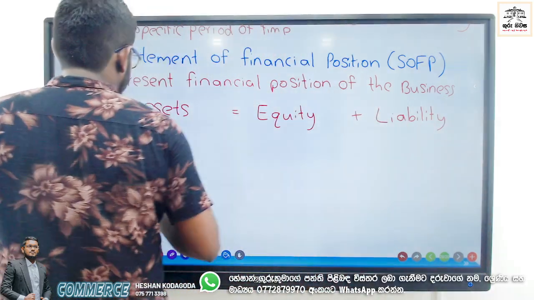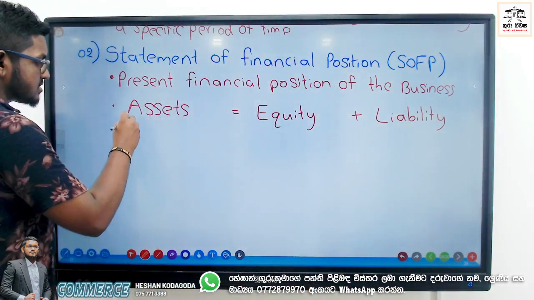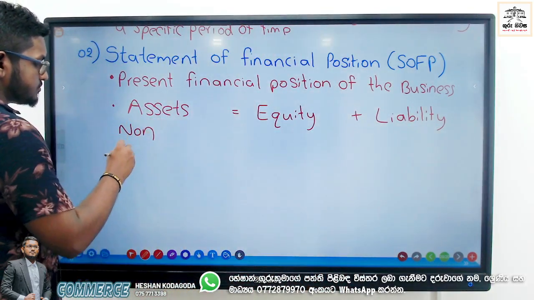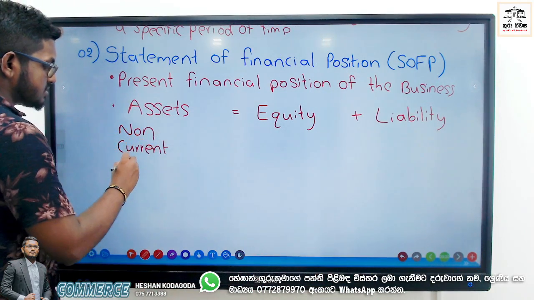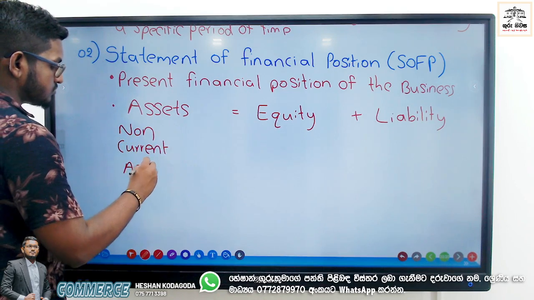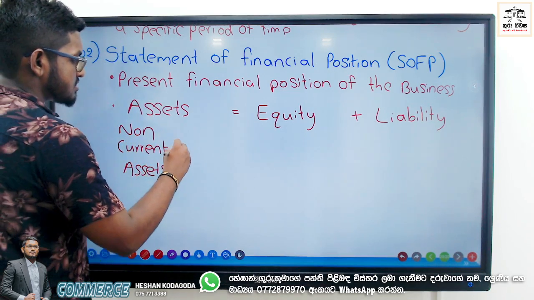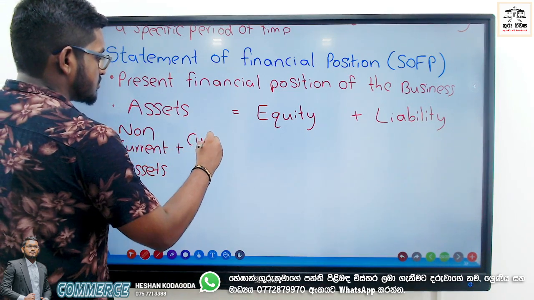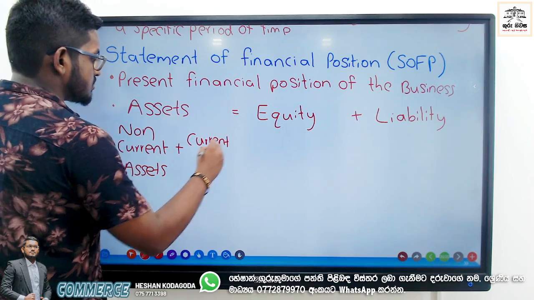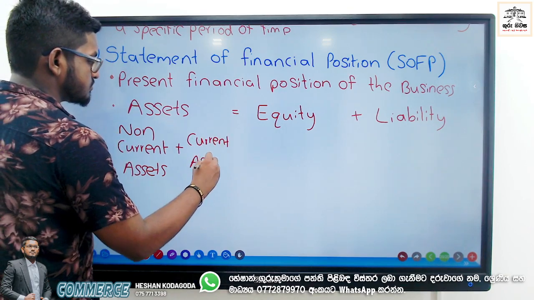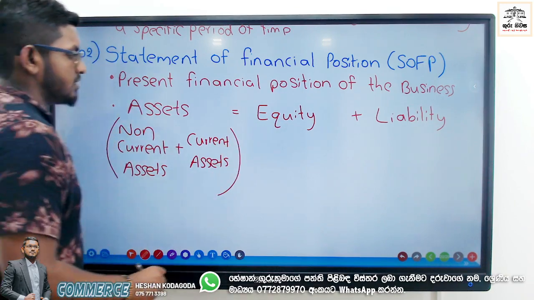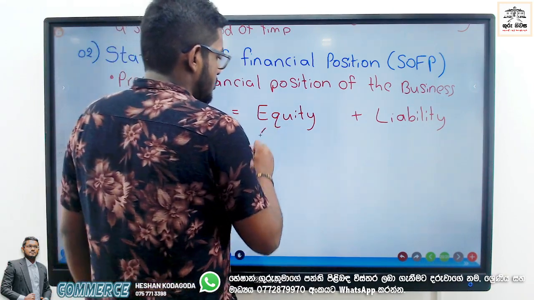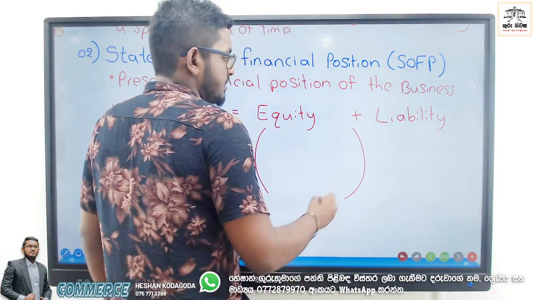You know, assets can be categorized as non-current assets plus current assets, okay, equal. So how to calculate equity?